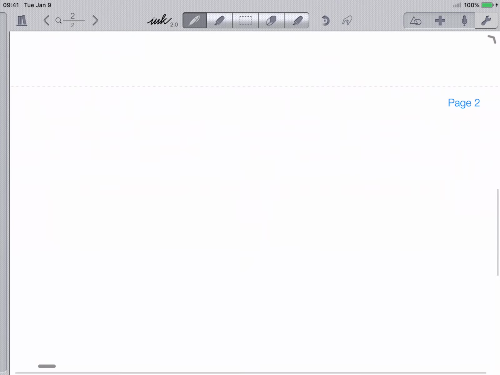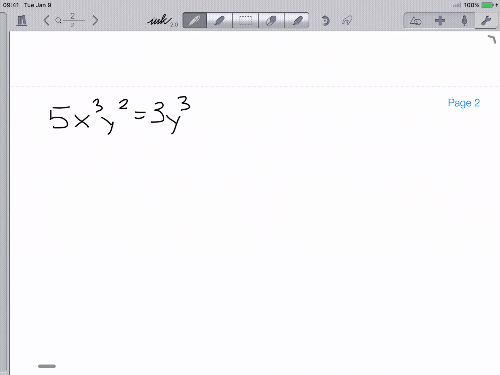This is a little more involved. We're going to see product rule this time around. So 5x cubed y squared equals 3y cubed plus 4x. So again, if I look at the left side, I notice I've got a 5x cubed and a y squared. So I've got two functions being multiplied together.